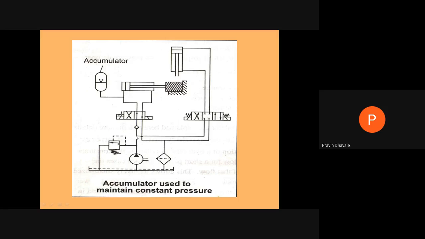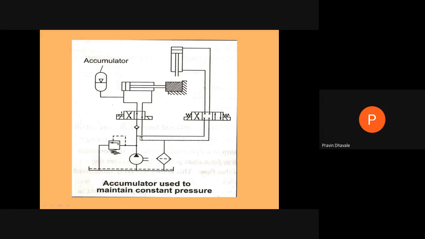As we are diverting this flow of the pump for the vertical clamping of the workpiece by using this cylinder piston arrangement, at the same time, we are maintaining a certain pressure on this workpiece by using this cylinder piston arrangement and by supplying pressurized fluid from this accumulator to the left side of this piston. We are not passing this fluid from the pump through this direction control valve to this cylinder piston arrangement.